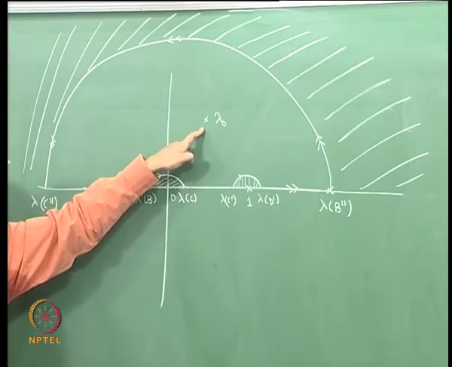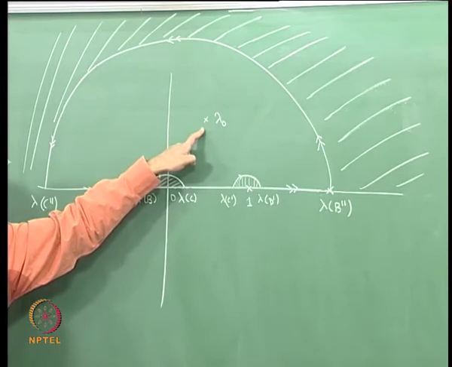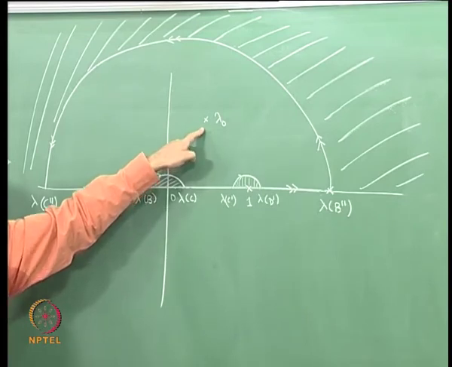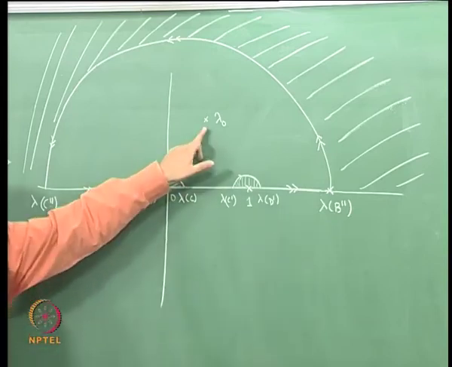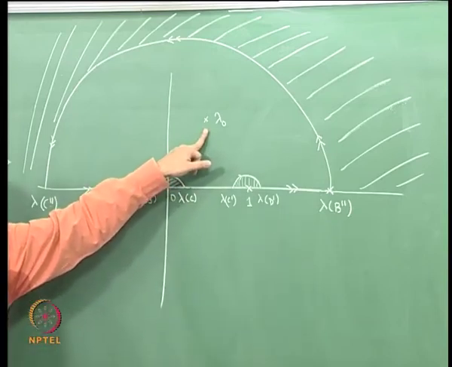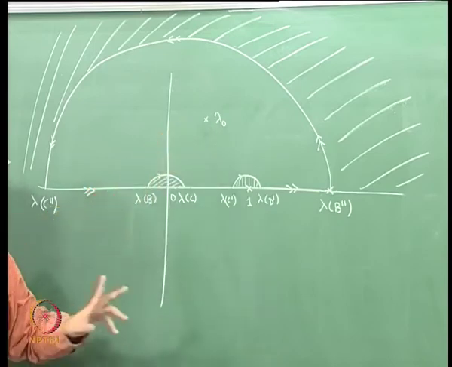but the winding number is precisely the number of times that value is taken by the function. Therefore it tells you in one stroke that every value lambda naught in the upper half plane is taken by lambda, and it is taken exactly once.